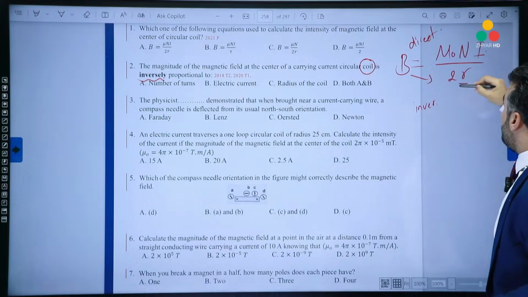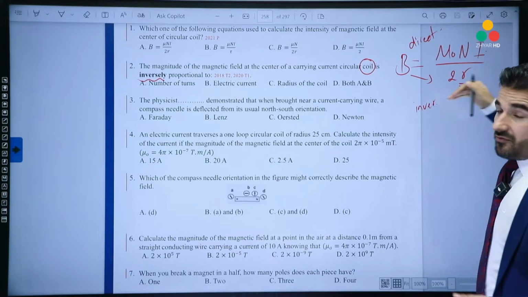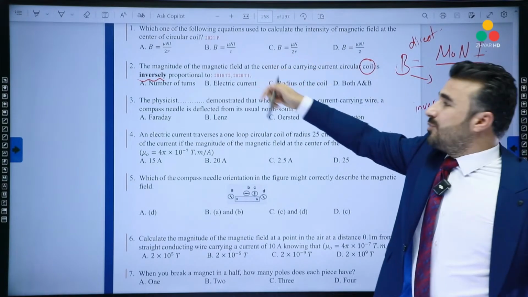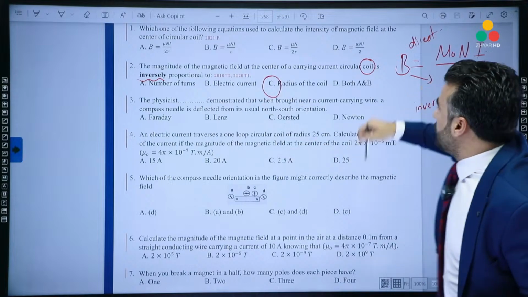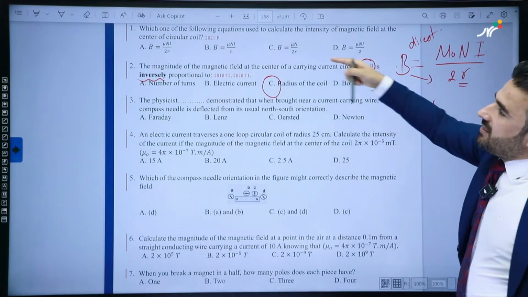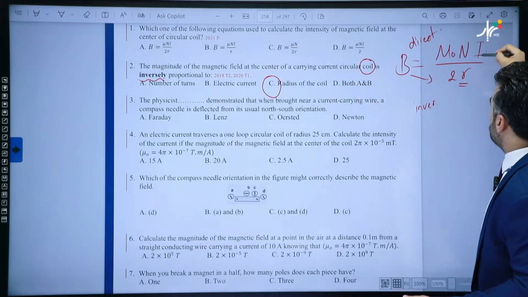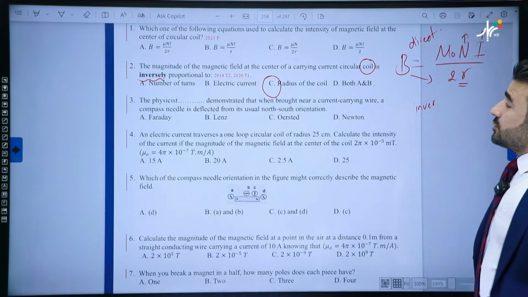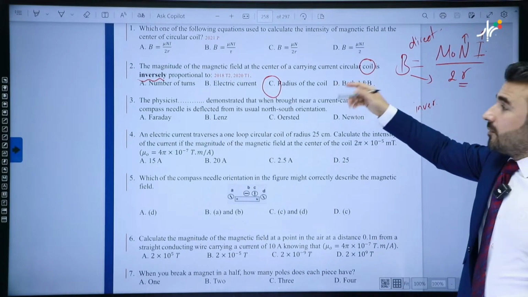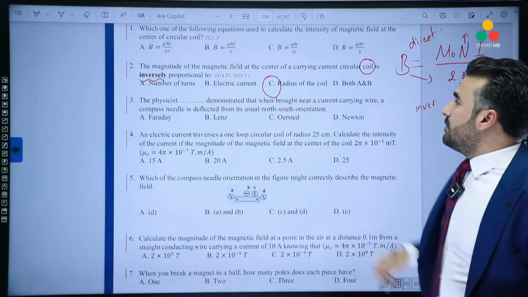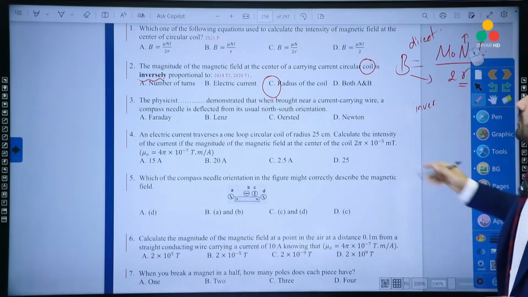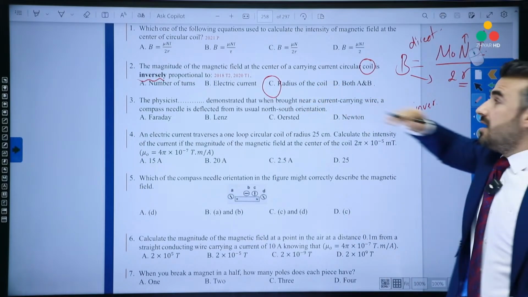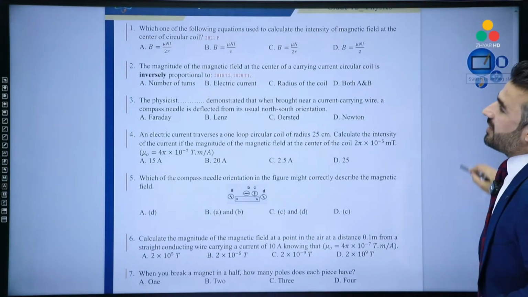Radius of the coil: you can see that the radius is below the fraction, so this is inversely proportional. This is the correct answer. What about both A and B, that is number of turns and electric current? These are both directly proportional, so option D is incorrect. The correct answer is C, which is the radius of the coil. What if they were saying the diameter of the coil? That would also be the same thing.